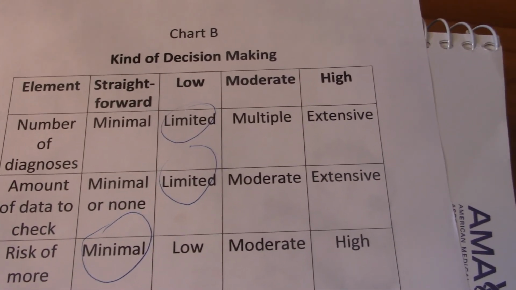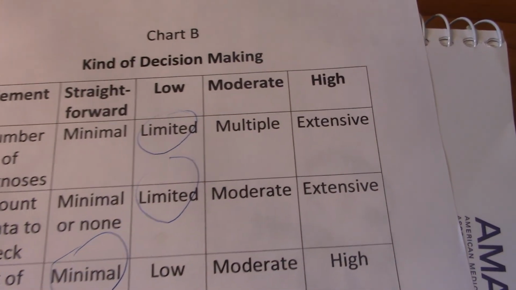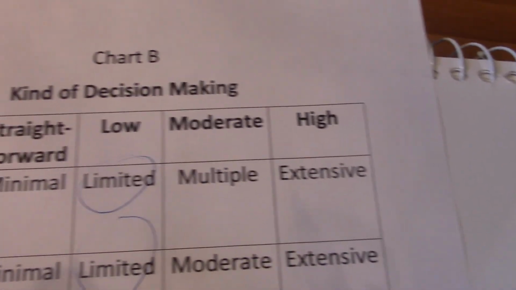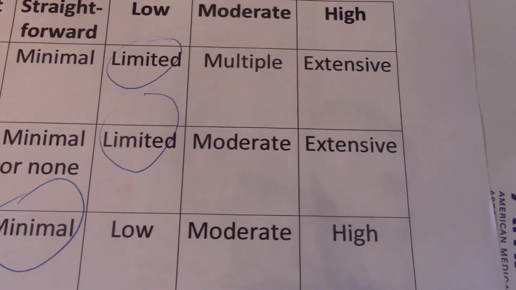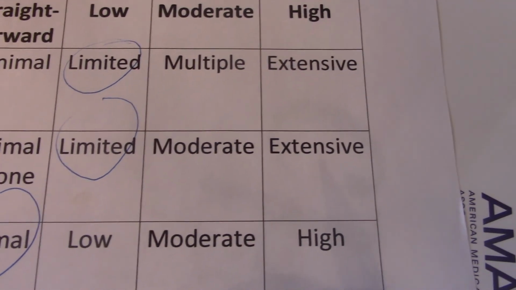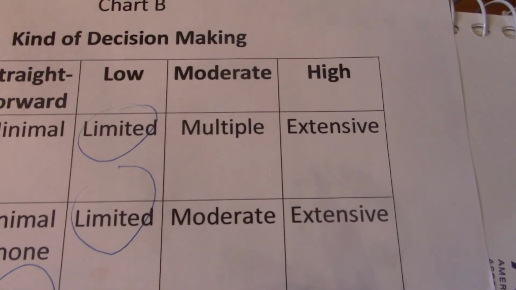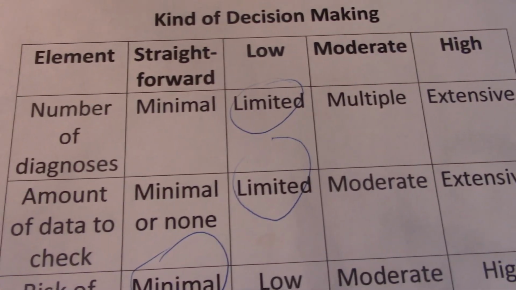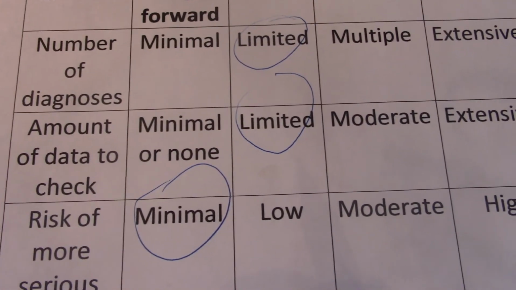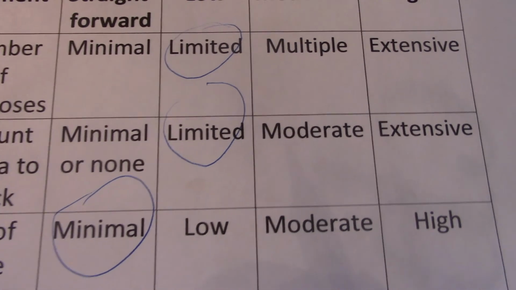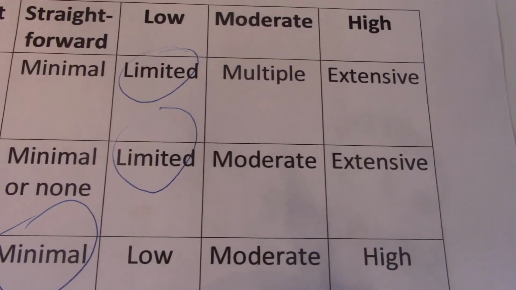Your physician has met 2/3 criteria for low complexity medical decision making. So you would select low complexity from this chart. Okay? Because he came in limited and minimal. And remember, you need 2 out of 3 to meet.